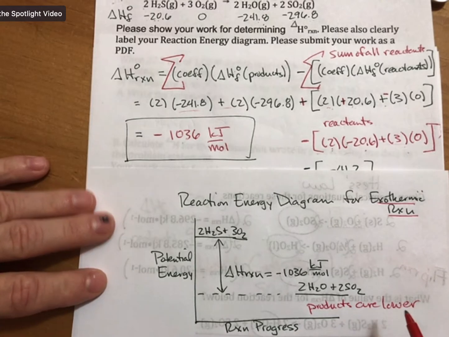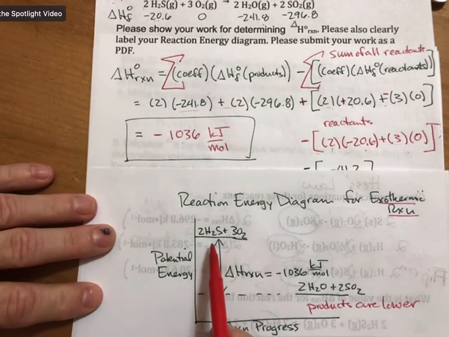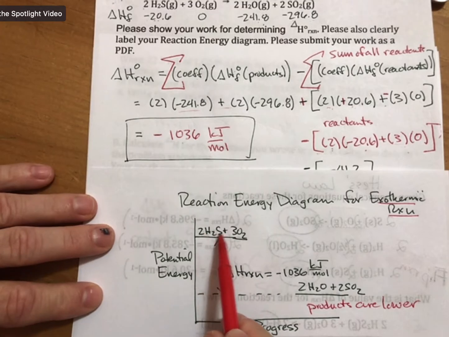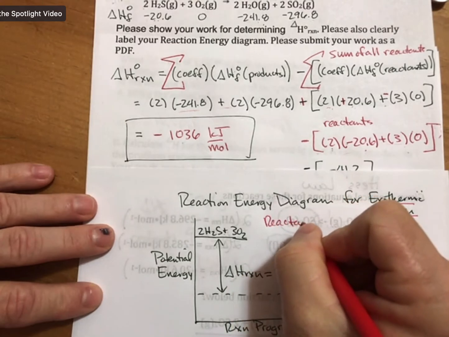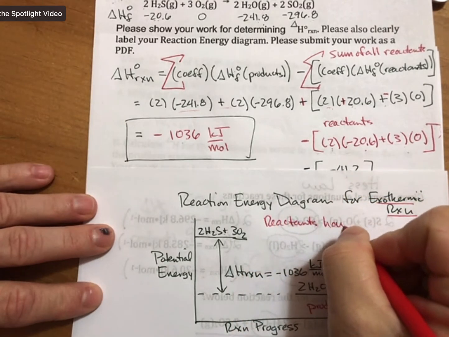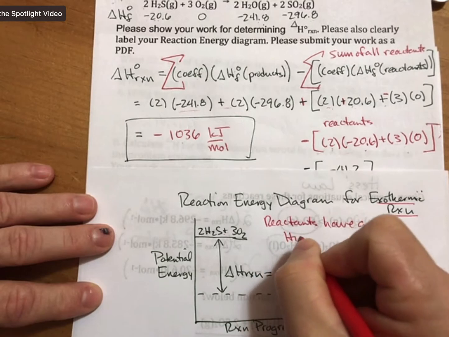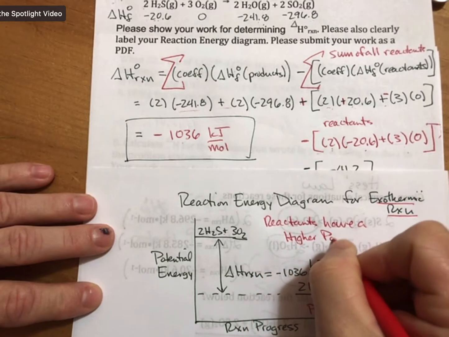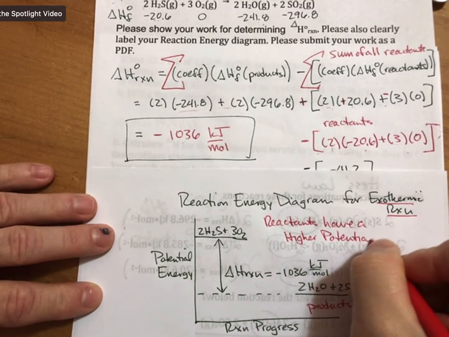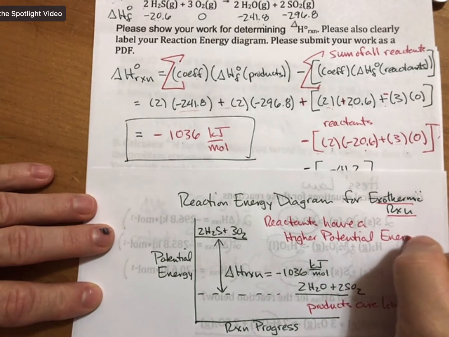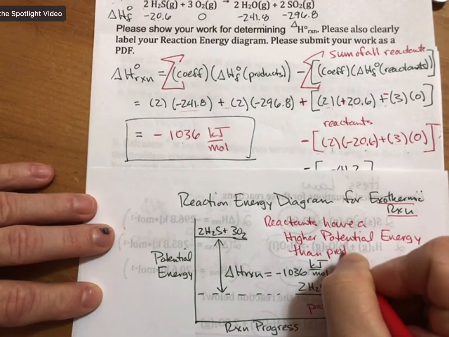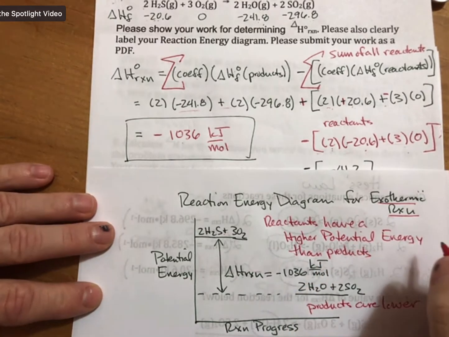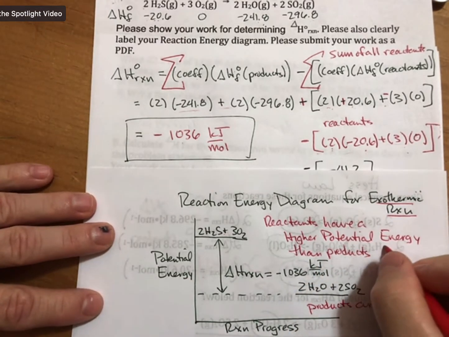What that means is that if you look at the potential energy of the reactants, reactants have a higher potential energy than products, for an exothermic reaction.